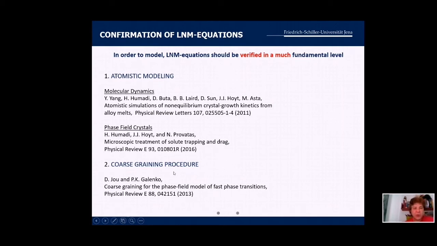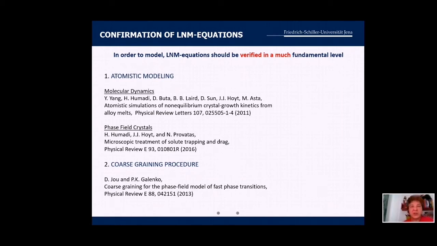We consider the atomistic structure and divide it into small boxes which have enough atoms to be averaged statistically, and then we can derive from the master equation a special type of continuous mesoscopic equations and compare them with our equations.